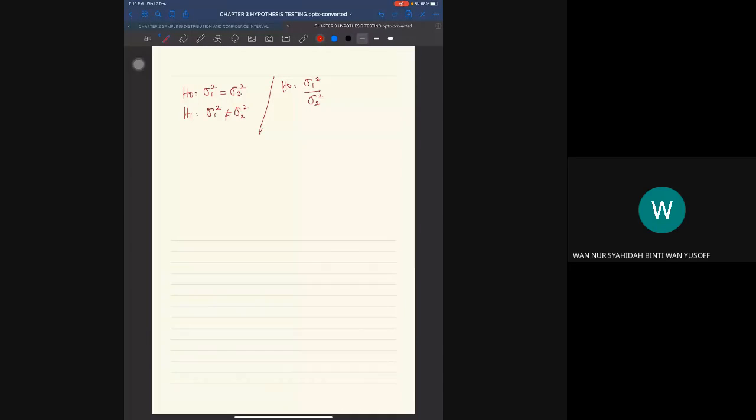When we write in the form of ratio, automatically the right hand side is equal to 1. It cannot be 0. If 0, then everything will be 0 here.